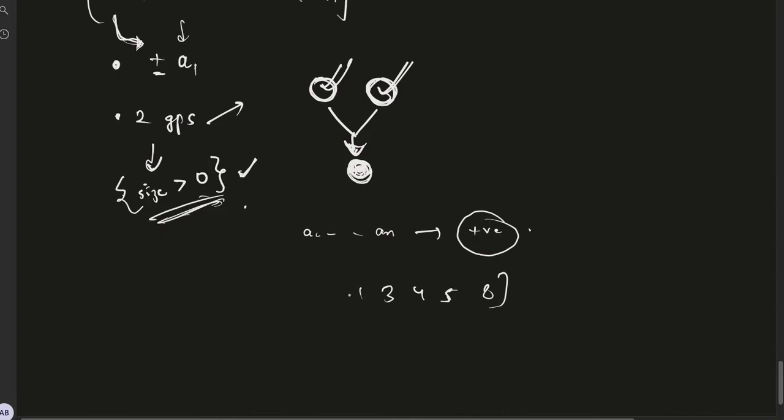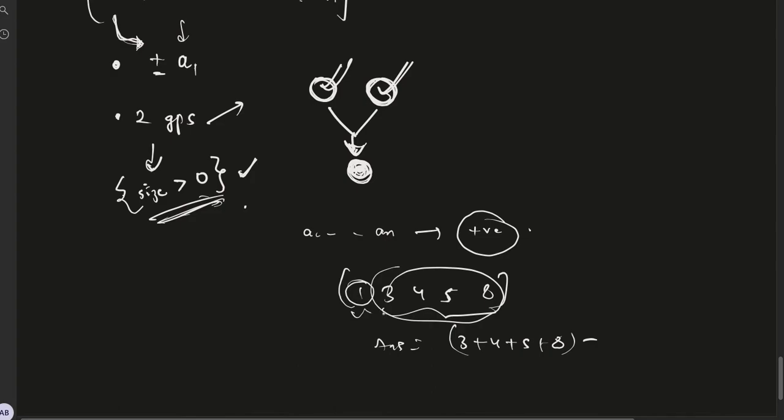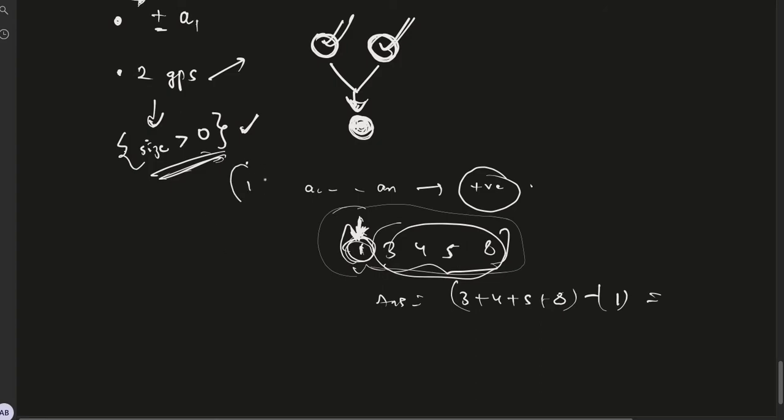We assign 1 to one group and the rest to the other group, and the answer would be 3 plus 4 plus 5 minus 1, that is 11. We deliberately keep only one element in group 2 because we want the maximum possible value. So this is case 1, where all are positive.